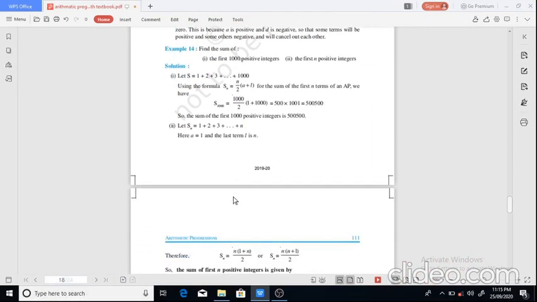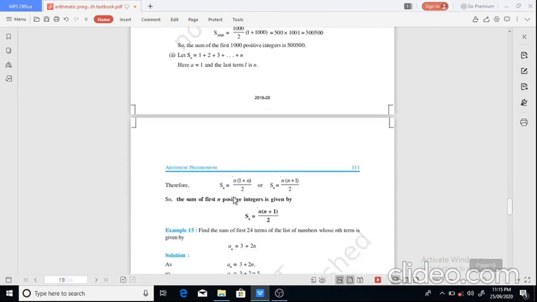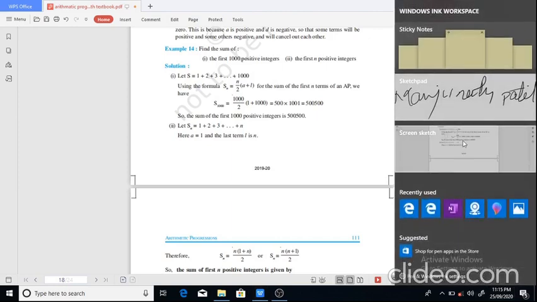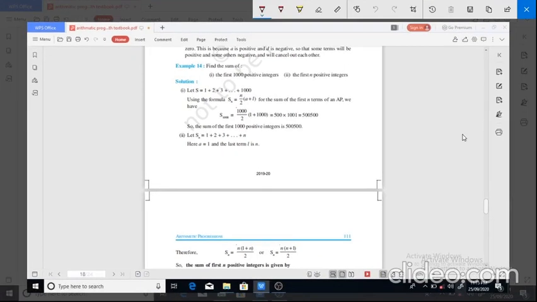14th question. Find the sum of first 100 positive integers. The first 100 positive integers are 1, 2, 3 up to 100.